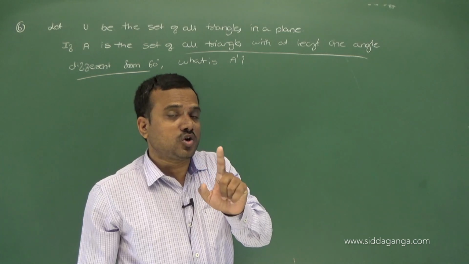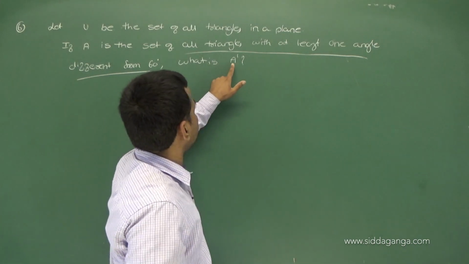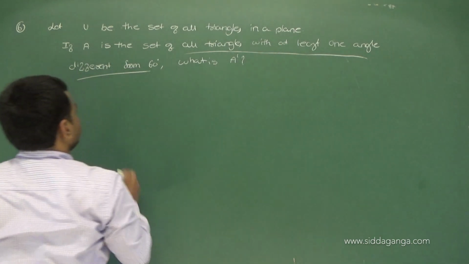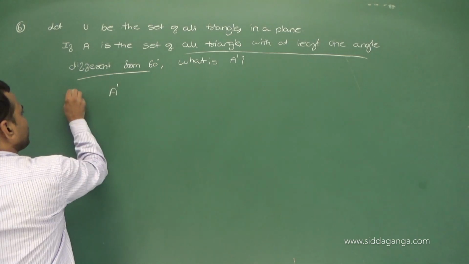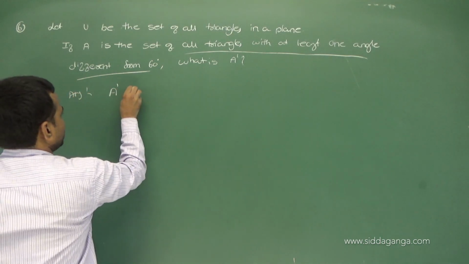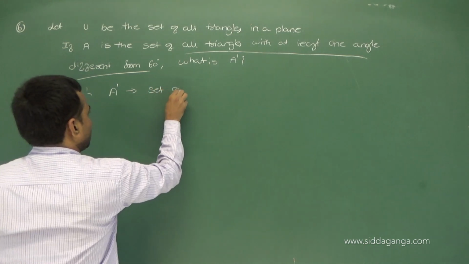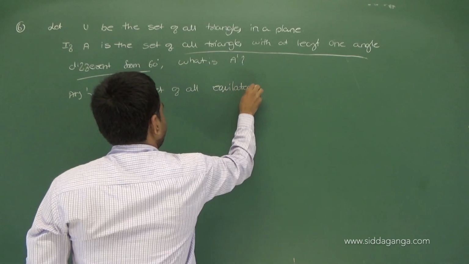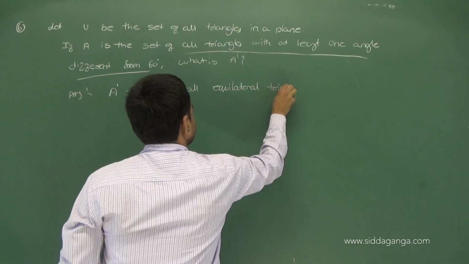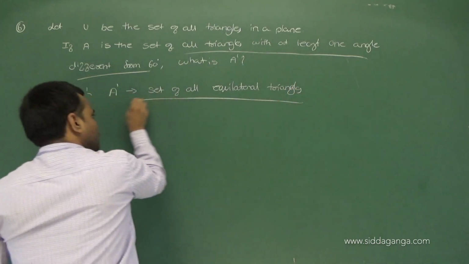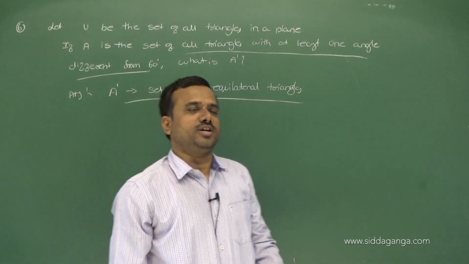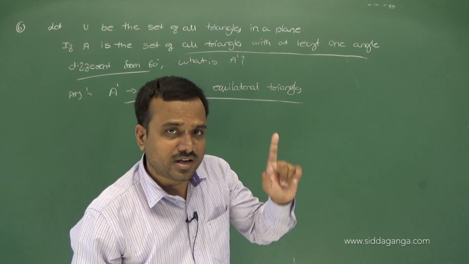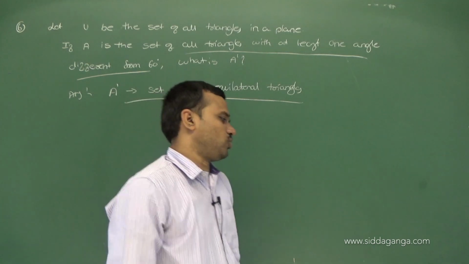Triangles with all three angles 60 are not present in A. So A dash is the set of all equilateral triangles, where every angle is 60 degrees. A dash is the set of all equilateral triangles. Next question.